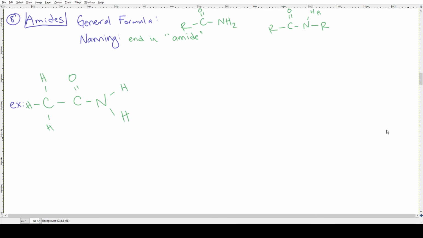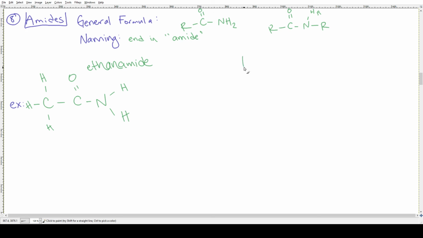Okay, so in order to name this, you need to figure out the name of the base chain. I see 2 carbons, so my prefix will be eth, and it's actually going to be ethane. So take off that E, it becomes ethanamide.